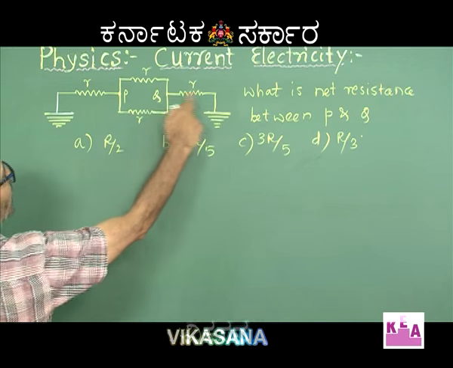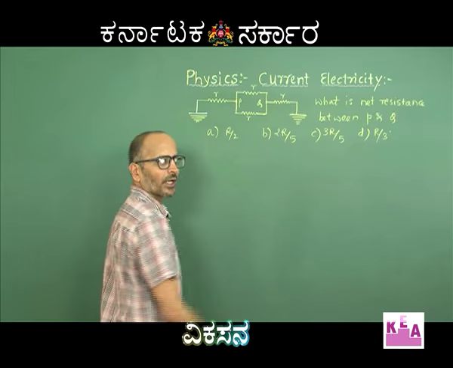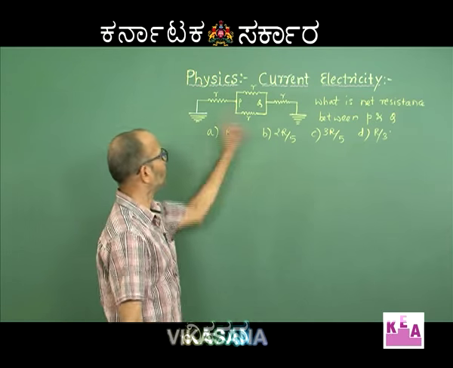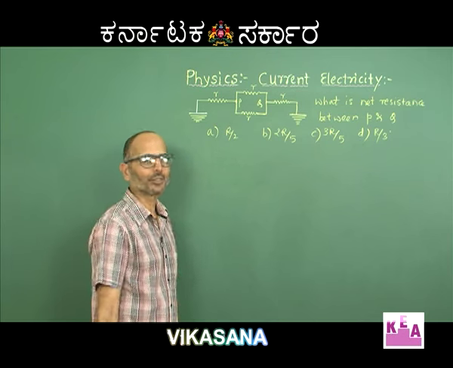See, this R is connected to the earth, this is also connected to the earth. So indirectly he has assured you that these 2 R's are directly connected to each other. So let me redraw the circuit once again.